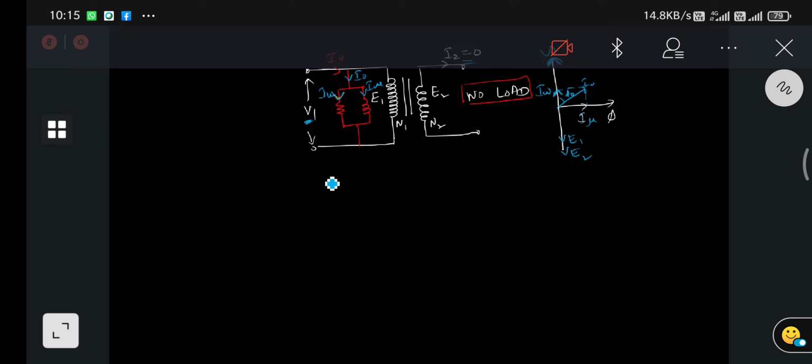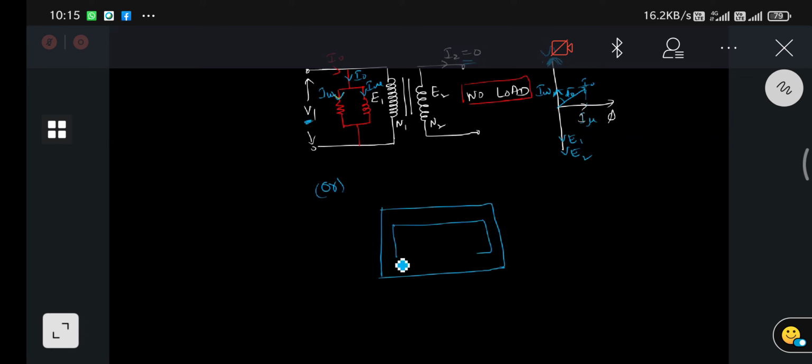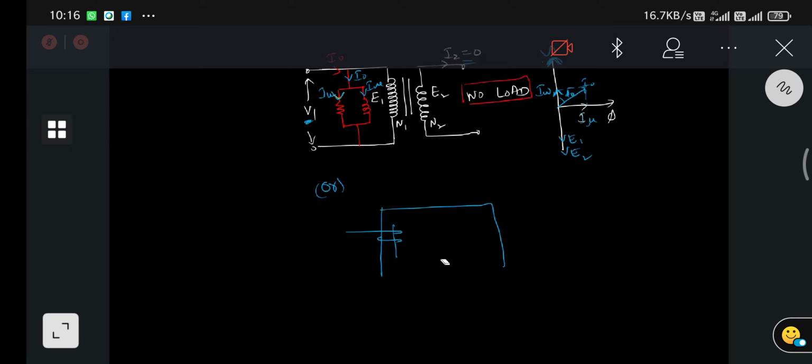Otherwise, you can draw it like that. Generally, the transformer core will be like that.